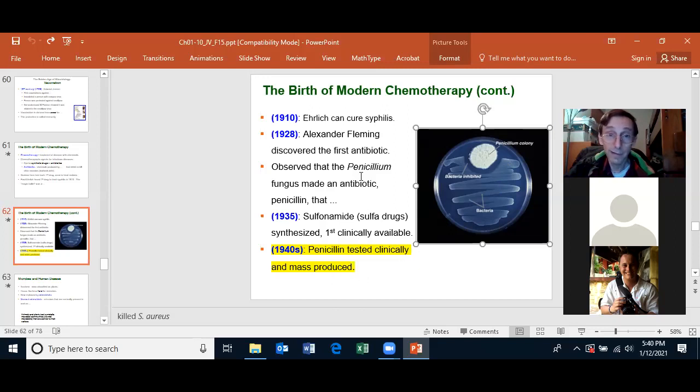So even though it was the first antibiotic discovered, it was actually the second antibiotic that was tested in the clinic. The first antibiotic that was tested in the clinic was a sulfur drug, and it was tested in 1935. It was man-made, and so it was pretty easy to get it pure. And so sulfur drugs were the first drugs that were clinically used, but penicillin came out as the second antibiotic and was used in World War II. Any question about any of that?